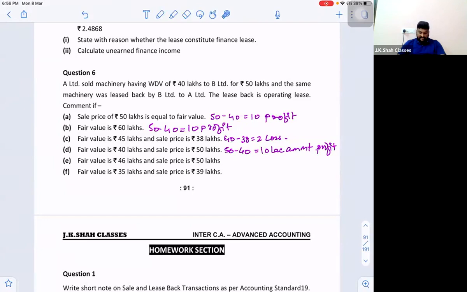When fair value is 46 lakh and sale price is 50 lakhs, comma. Note down the entire question and then put a comma.